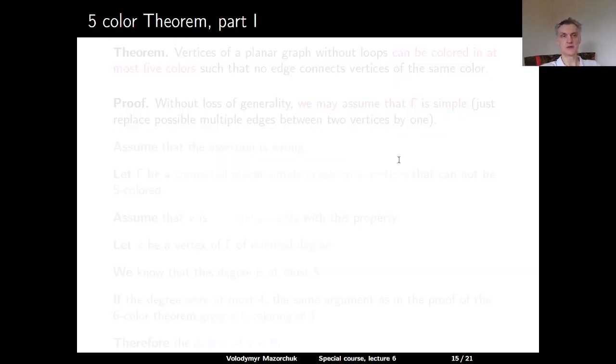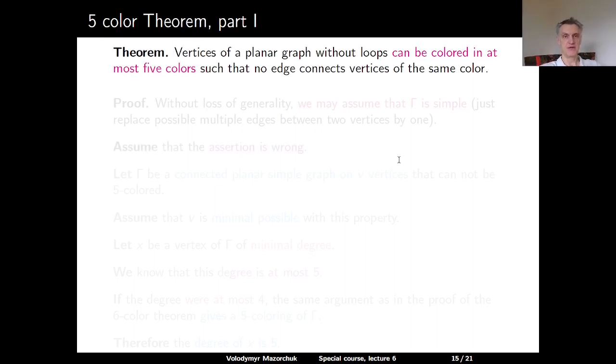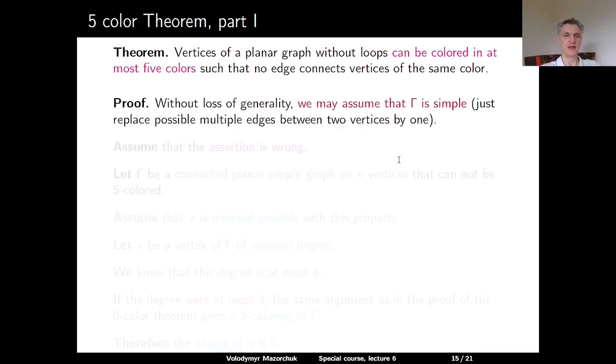Now let us prove the so-called five-color theorem. Theorem: vertices of a planar graph without loops can be colored in at most 5 colors, such that no edge connects vertices of the same color. Proof: similarly to the previous theorem, we may assume that gamma is a simple graph.